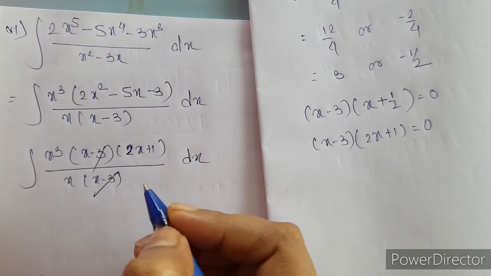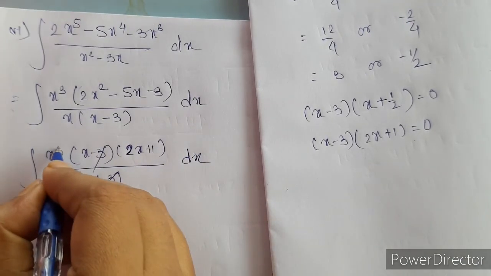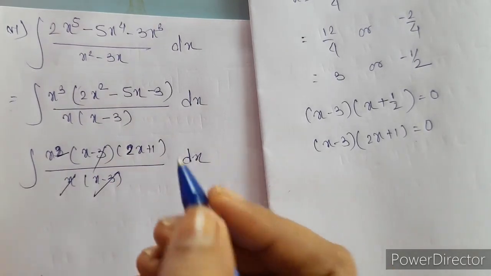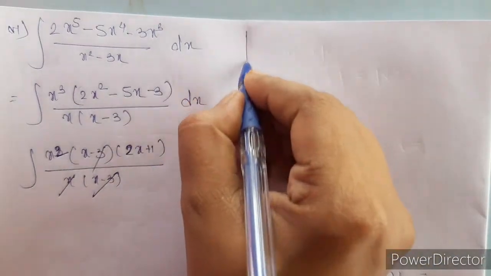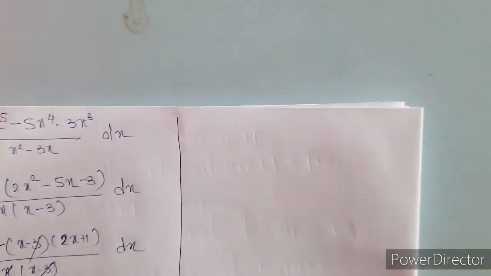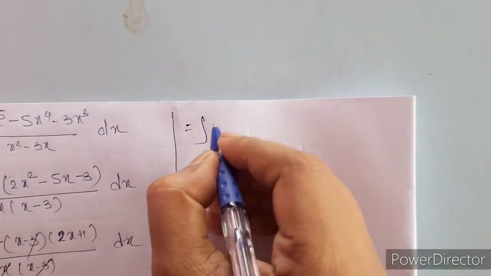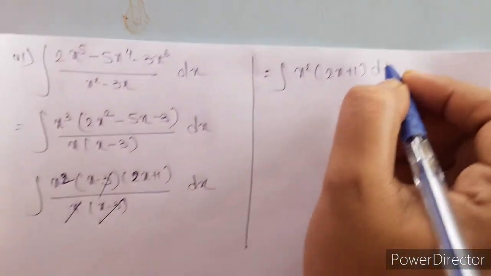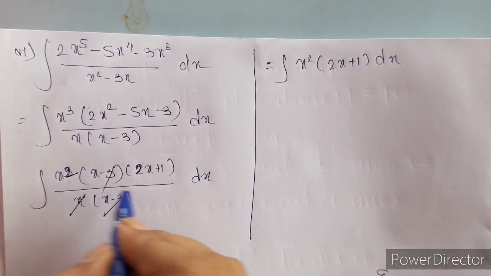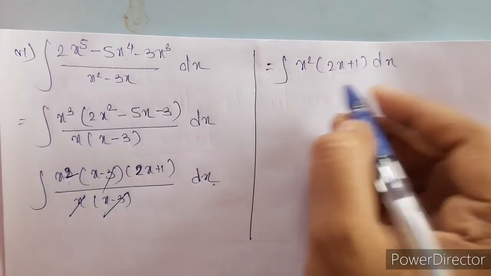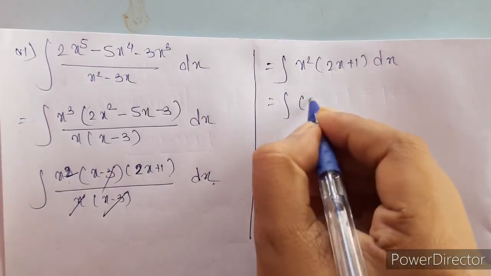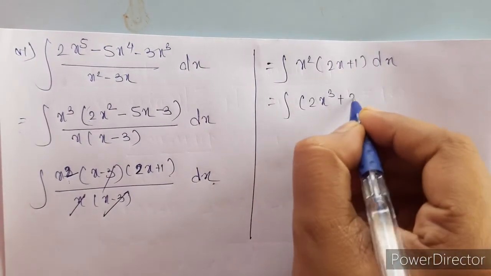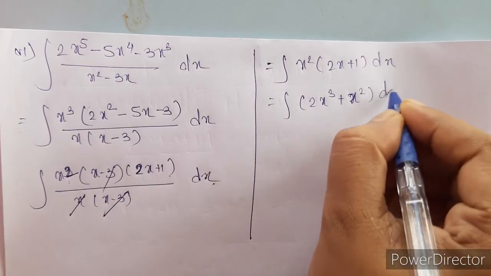So this x will get cancelled, remaining is x square. So what is remaining is the integral of x square into 2x plus 1 with respect to x. So further we can simplify this as 2x cube plus x square.